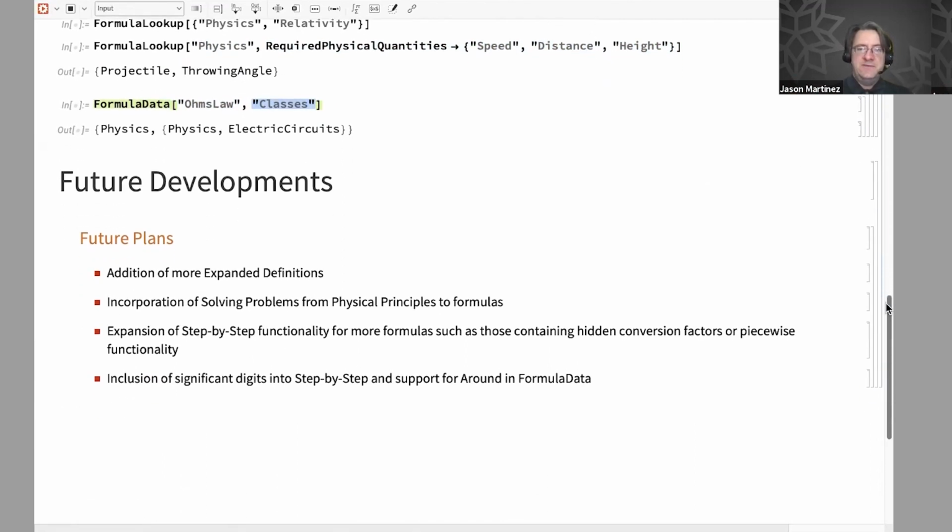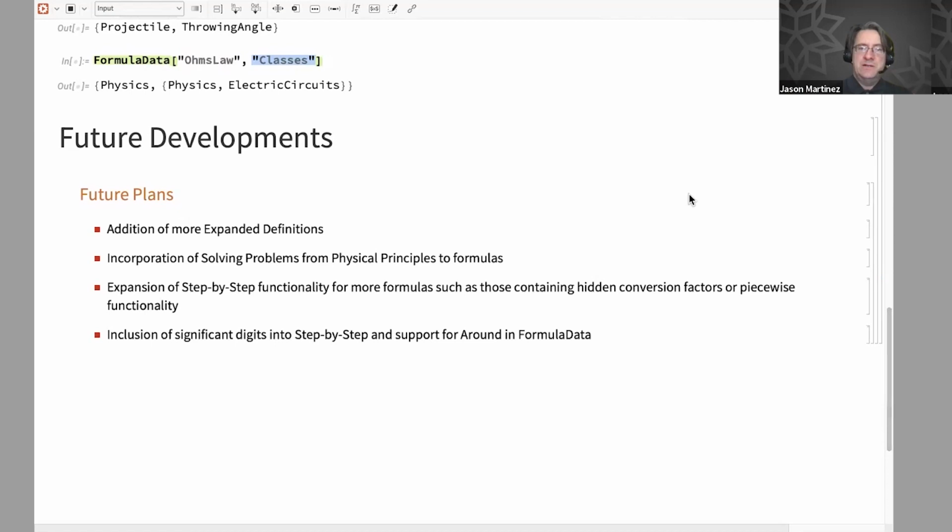So that brings us to the end of our talk. Our future plans are to continue to expand the expanded definitions that Daniele mentioned. He showed you some of the mechanics ones. We also have work underway for electromagnetism and thermodynamics, and we hope to have a whole host of those available come this spring.